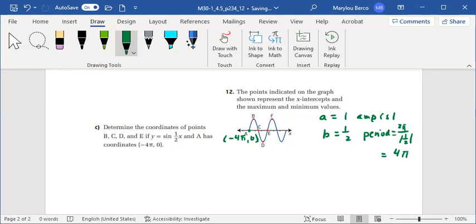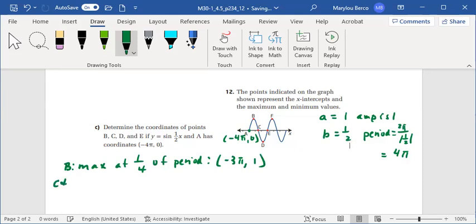So for point B, we have a maximum, and it occurs at 1/4 of the period. So it will be negative 3 pi and 1.